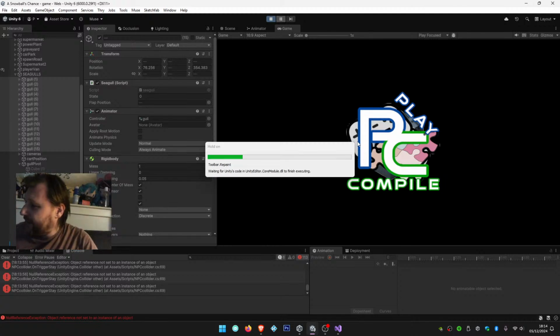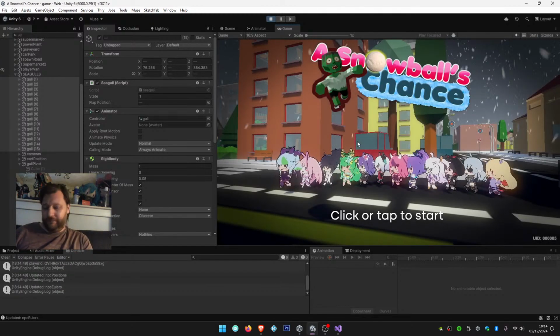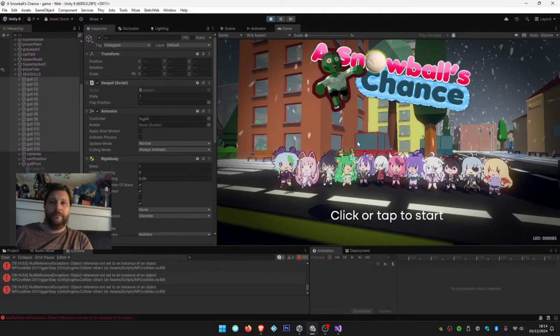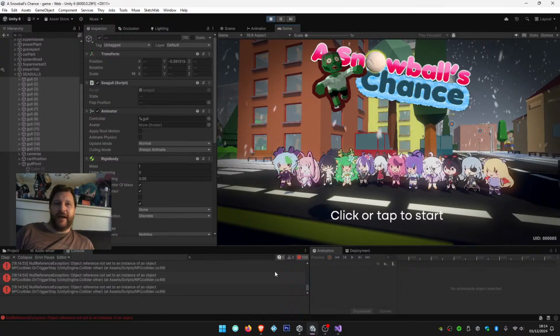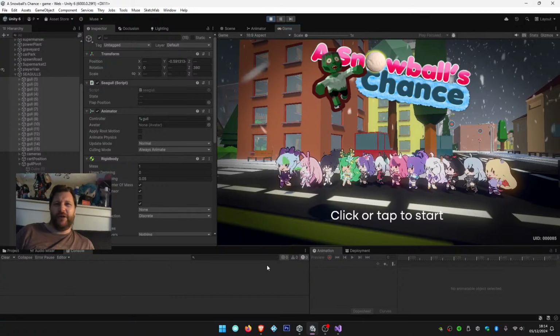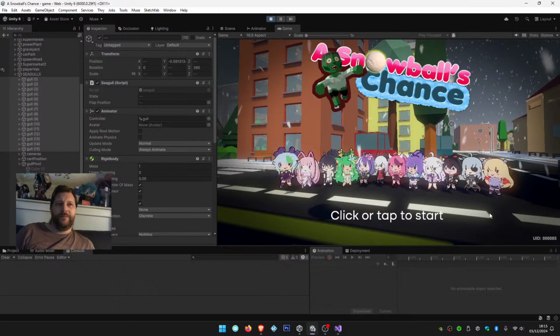I got such a fucking headache. Yeah, I noticed this as well. We get some really strange collider errors on them as well. I need to look at that, which is weird.